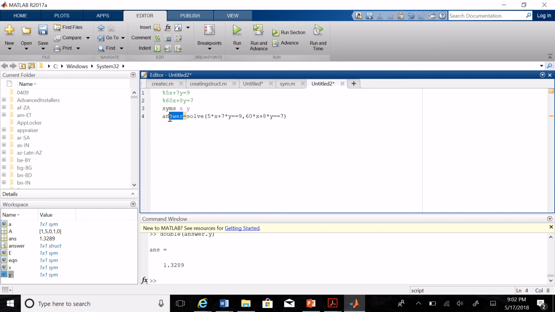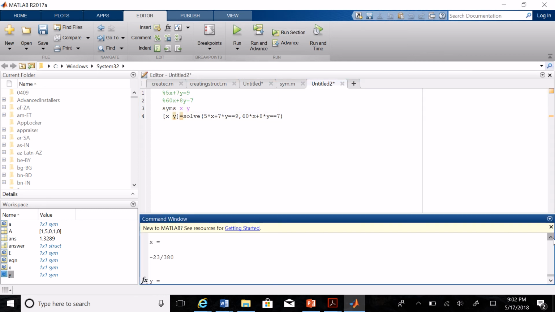Or you can put this equal to x, y, then you're getting it in terms of the fraction.